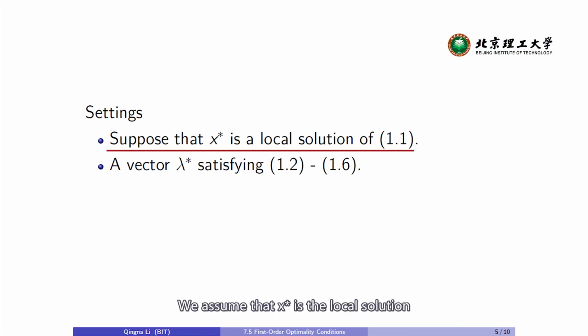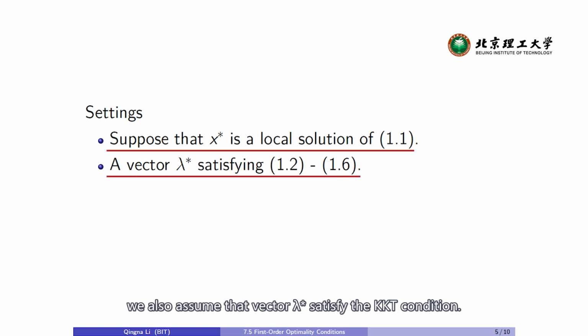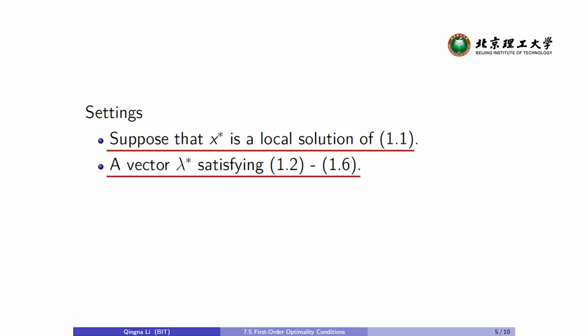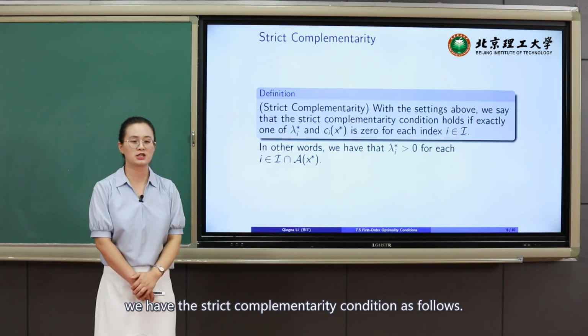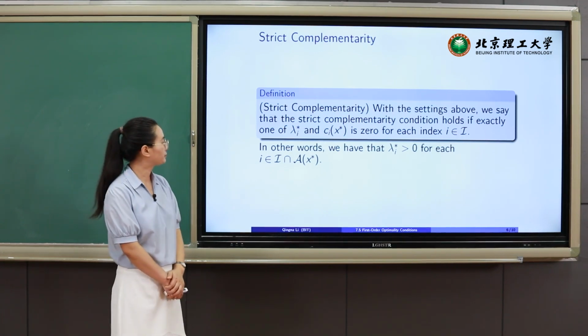Now, to give the strict complementarity condition, we need some settings as above. We assume that x star is a local solution of the constrained problem. We also assume that a vector lambda star satisfies the KKT condition. With these settings, we have the strict complementarity condition as follows.